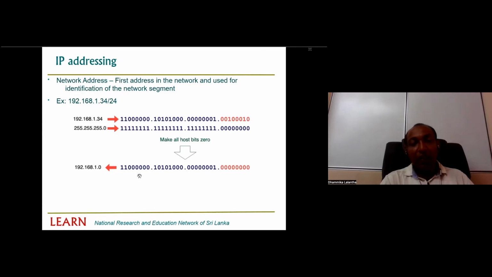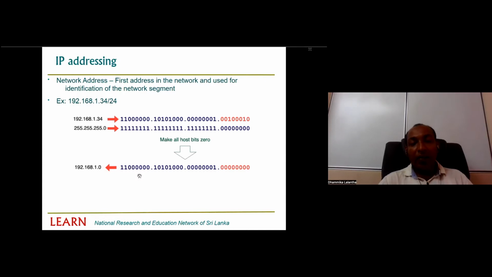Network address. The network address is the first address in a network, and is used to identify the network segment. Here is an example, 192.168.1.34/27. So it has the same subnet mask and prefix length as the previous example.